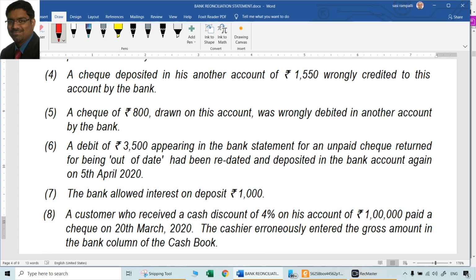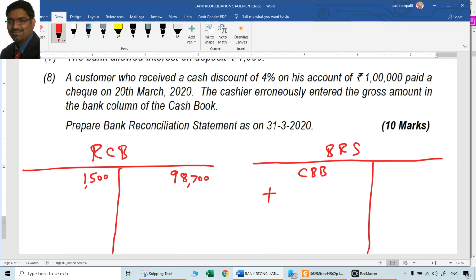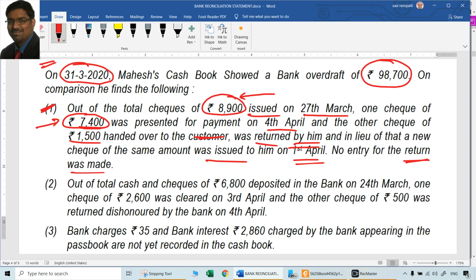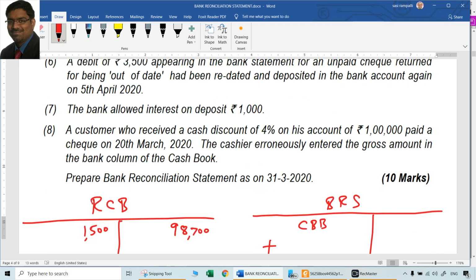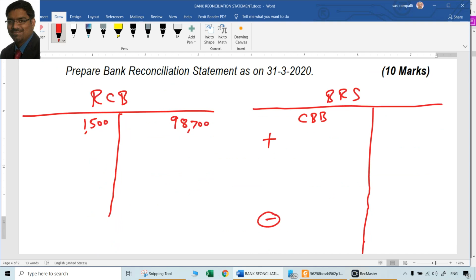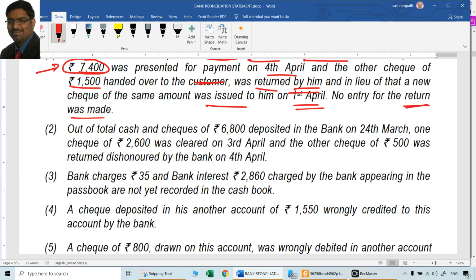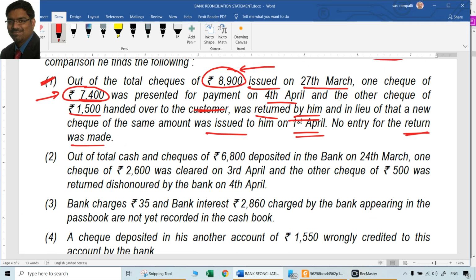Where is the difference? Our balance as per cash book would have been lower by 7,400 because of this entry which we would have already passed on 27th March. So the cash book balance is already lower because of this. When it is already lower, what we should do? Simply add 7,400. That's it. That is the treatment for the first point.